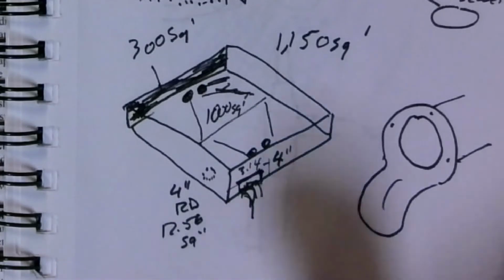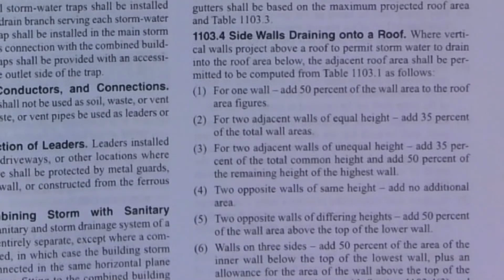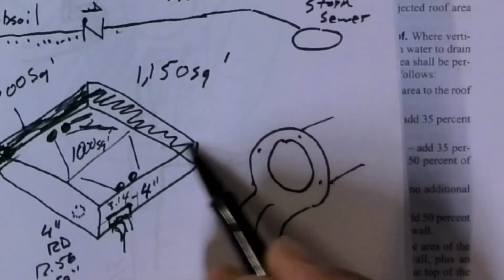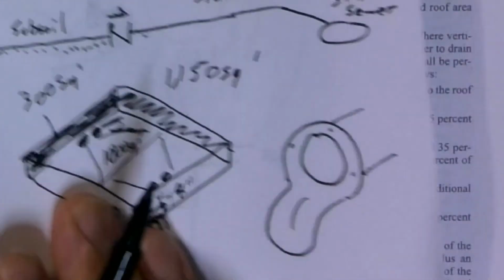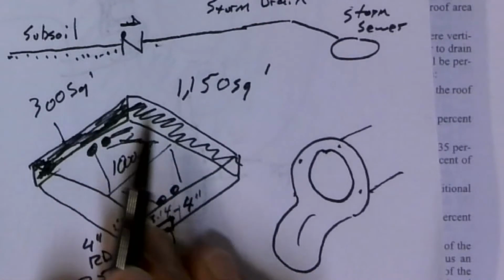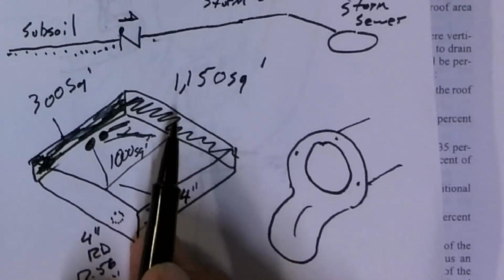And then we go through and we size it based on all kinds of stuff. This is where it gets really funny. Okay, for 2 adjacent walls of equal height, add 35% of the total wall area. So now we've got 2 that are adjacent to each other. These 2, and they're both identical. So these 2 that are identical to each other, we're going to add 35% of that combined. So we have 300 this way, and we'll say we have 300 this way.